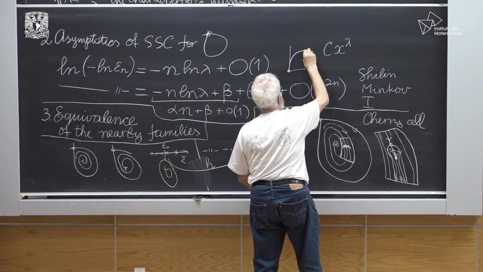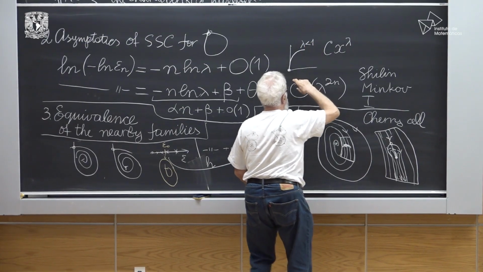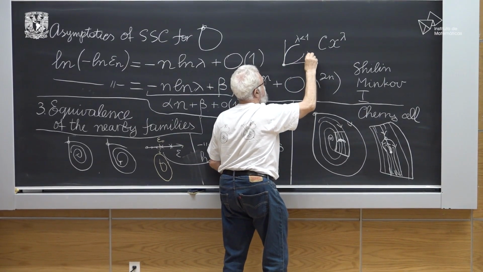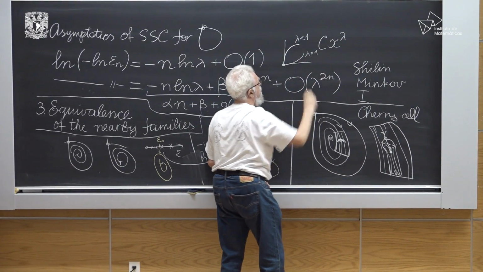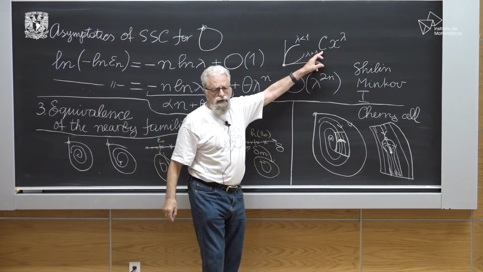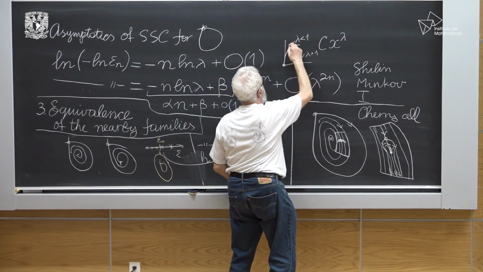If lambda is smaller than 1, then the map is like this, and if it is greater than 1, then the map is like this. So you can interpret lambda geometrically. But you cannot see this coefficient geometrically because it changes this graph to this graph.